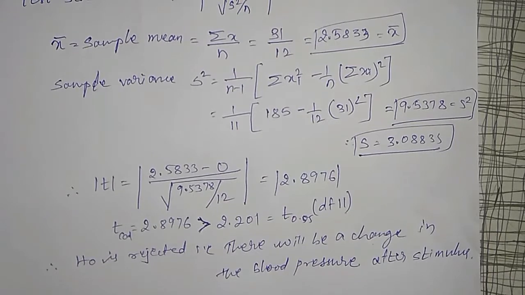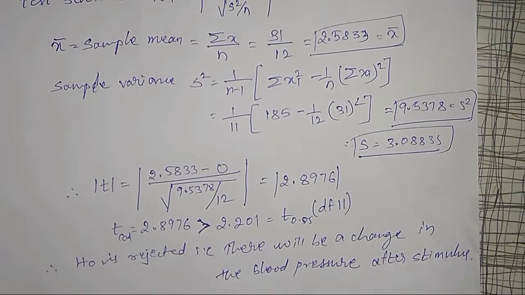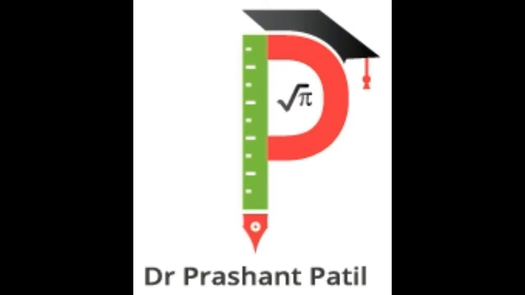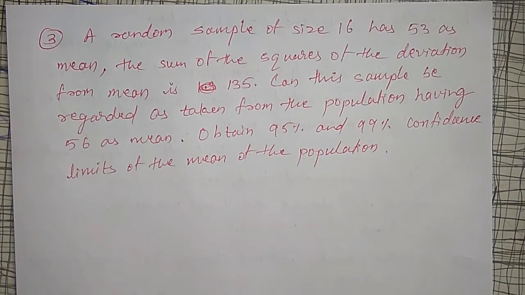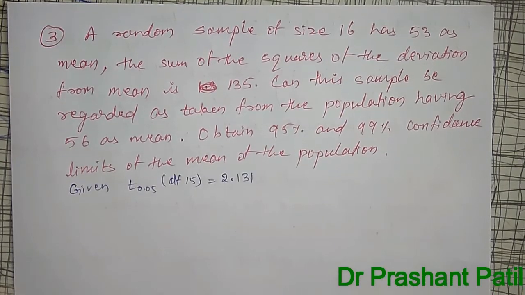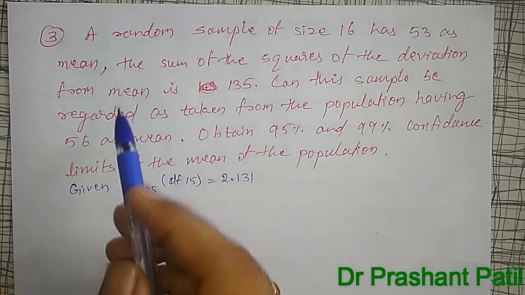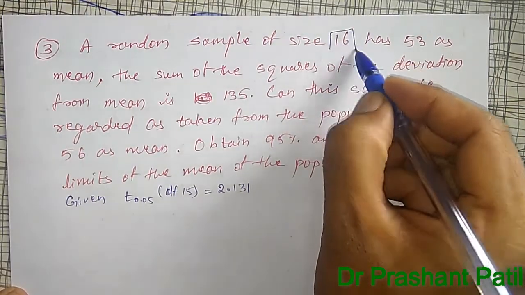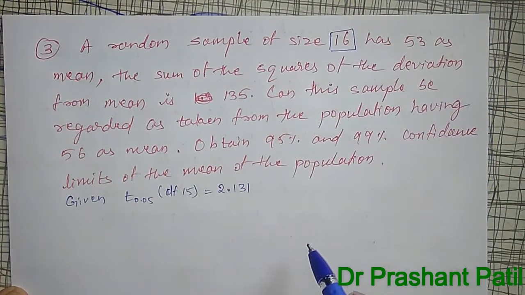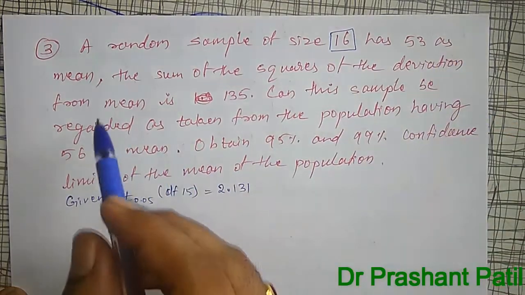Okay, like this. Another example I am going to solve here, on student t distribution. A random sample of size 16, which is less than 30, therefore it is a small sample, has 53 as a mean.